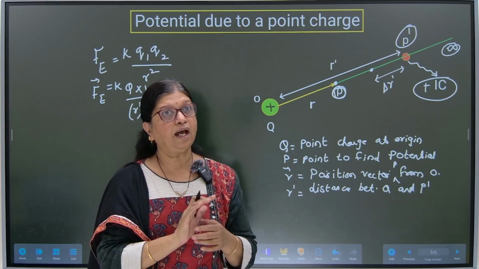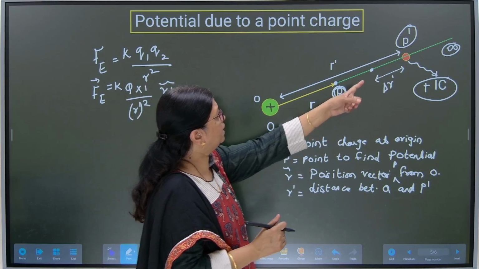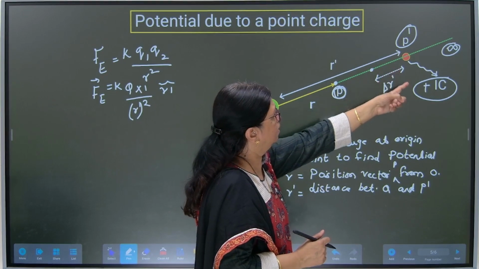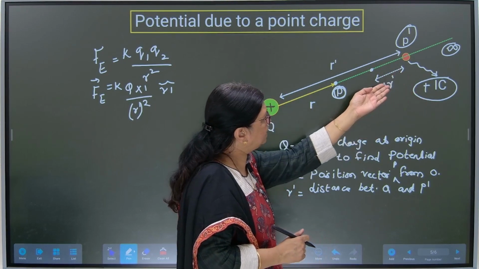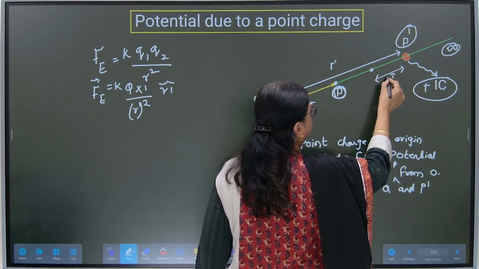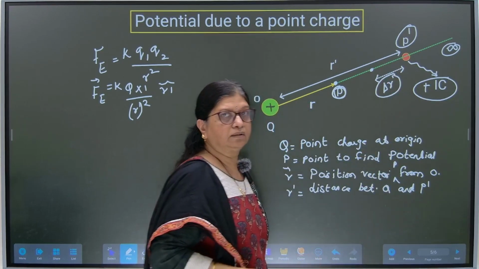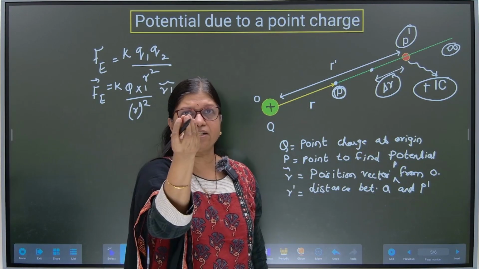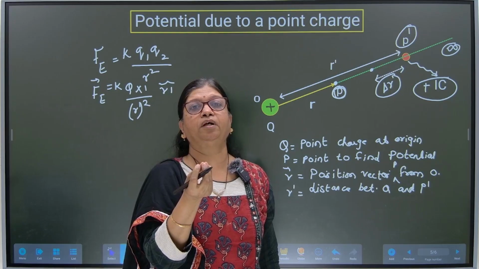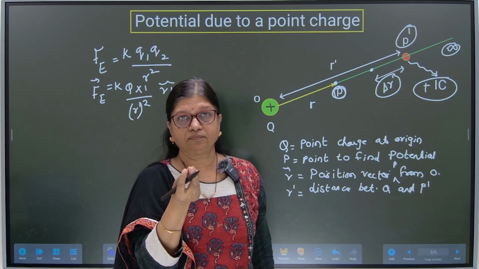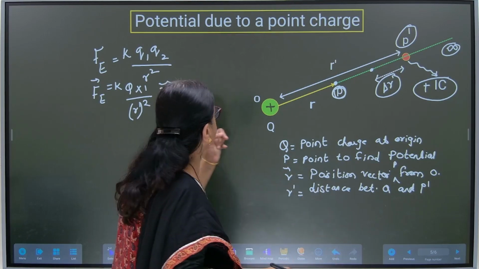Now further, let me move this charge 1 coulomb by a distance of delta r dash. So delta r dash is one small distance I am moving against this repulsive force.